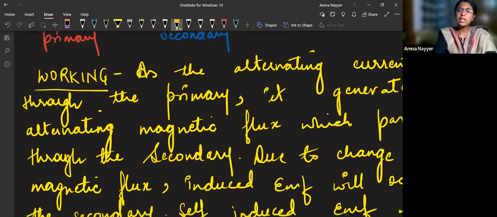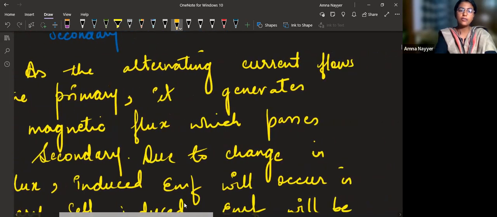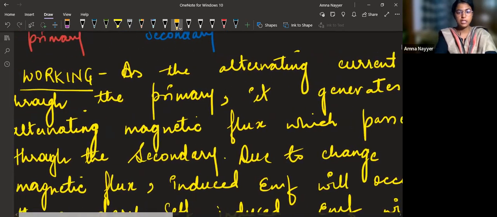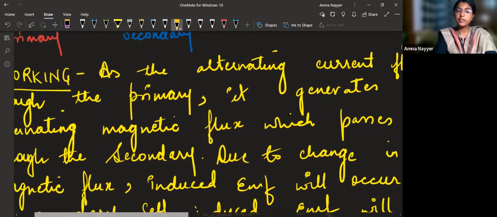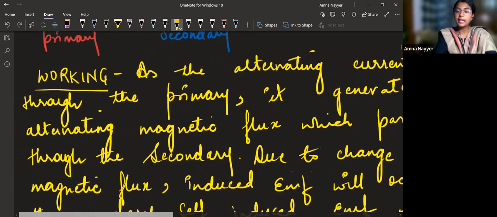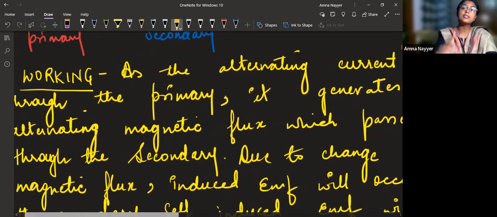So, working means as the alternating current flows through the primary, it generates alternating magnetic flux which passes through the secondary. Did you get it? That's why two coils are involved over here.